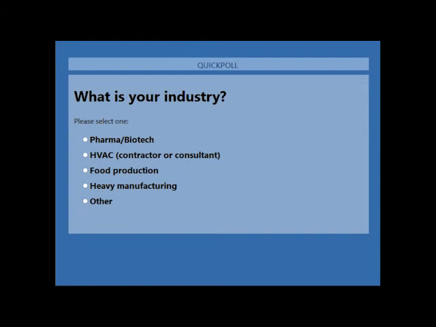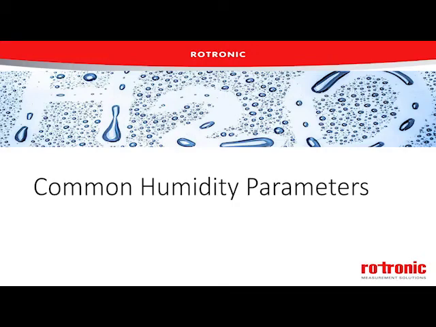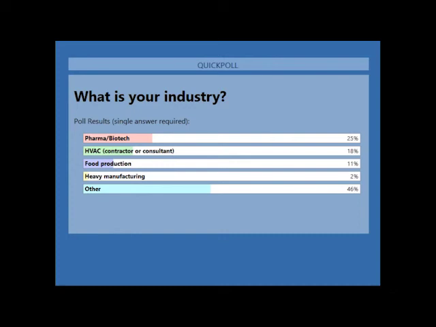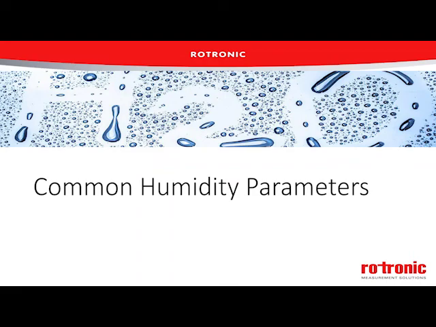Wow, a lot of diversity out there today. Meteorological. Wow. Well, thanks everyone for sharing that information. It's always great to have a good, diverse audience. It makes for more of an interactive webinar. I'm going to go ahead and close the poll, and I'll share the results with everyone so you can see. And there it is. Nobody in heavy manufacturing today. Maybe it's the description on that one, Michael.